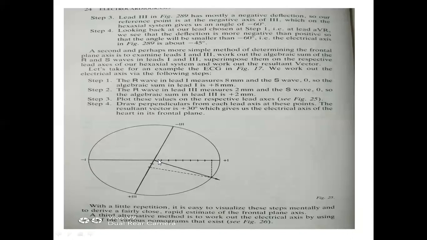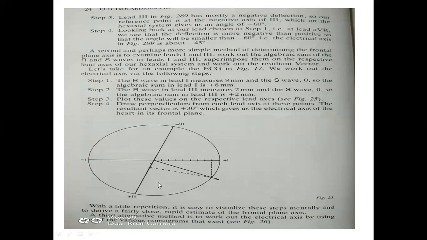I think part of this was learned in mathematics. Yes, sir. This is the positive axis and this is the negative axis. In maths this is positive, but in cardiology we take this as positive because the normal axis lies between 90 degrees and minus 30 degrees.